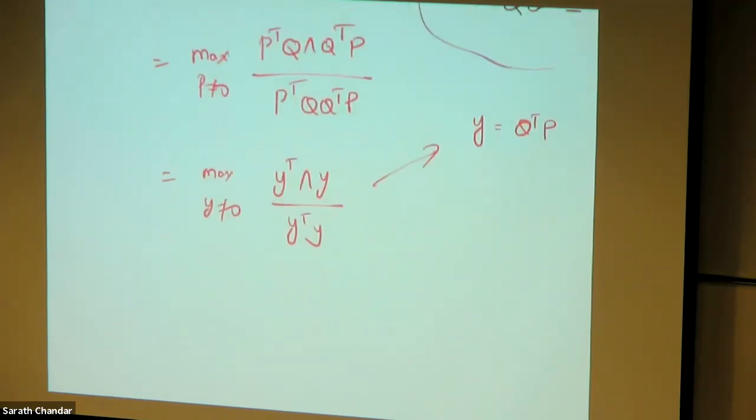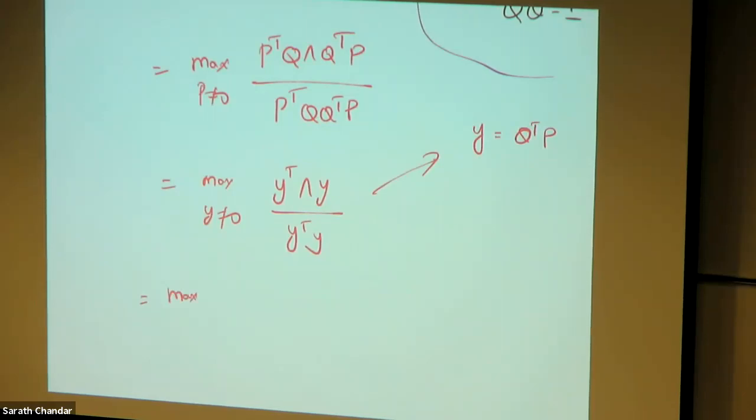Now I'm going to expand this further. We know that Δ is a diagonal matrix which has a bunch of eigenvalues. Let's call them lambda 1, lambda 2, to lambda d, and the rest is all 0. I'm going to make one assumption here, which is that the eigenvalues are sorted by their magnitude.